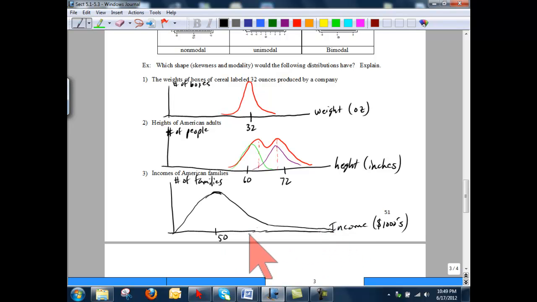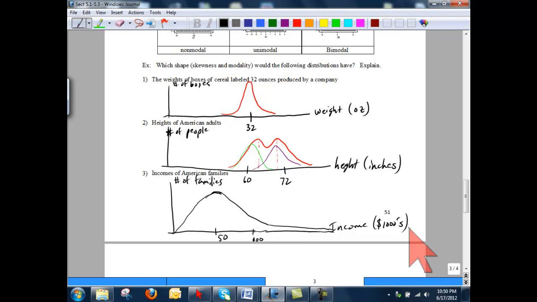Well, on this scale, if that's 50,000 a year and that's 100,000 a year, then someone, a CEO of a large company like Microsoft, could literally be in the next room, or maybe even in the next building or the next county, depending on how high of an income there really could be. A very highly right-skewed distribution. There's a very long, skinny right tail going way out here.